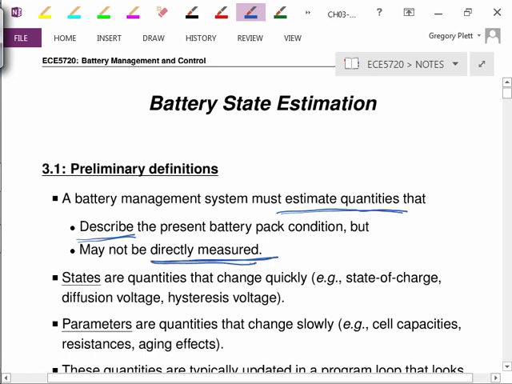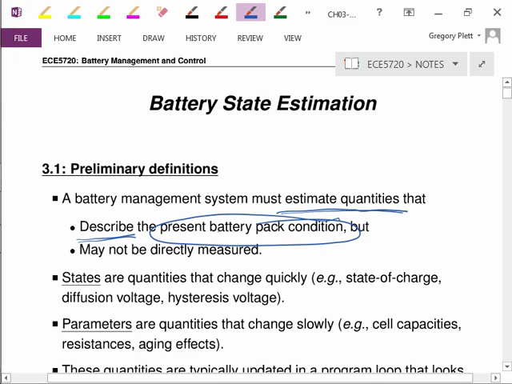So we have to somehow take some direct measurements of some physical quantities and perform calculations or inferences or estimates or something to get the desired estimate of this description of present battery pack condition.